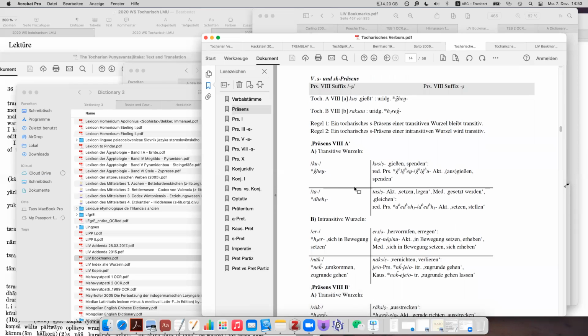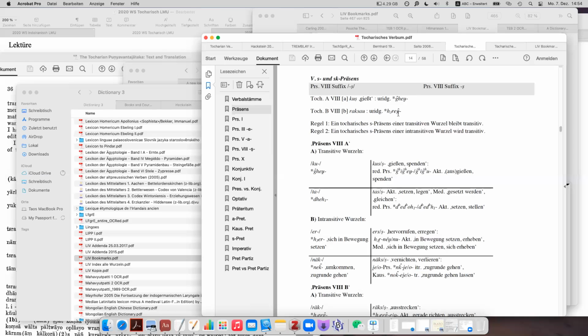Like you have. Yes, you have it here, like this one called kush. Kush comes from the root gel for gießen, yeah, and Tocharian B, laksao, from the root lake, yeah.